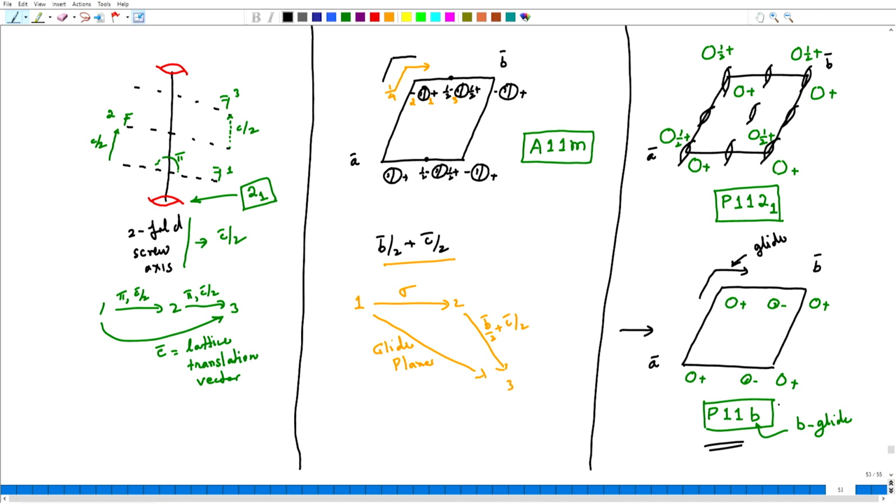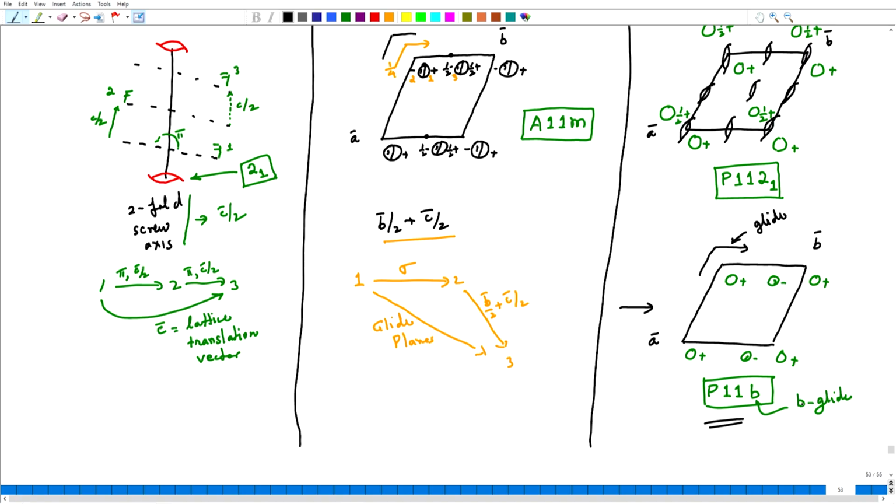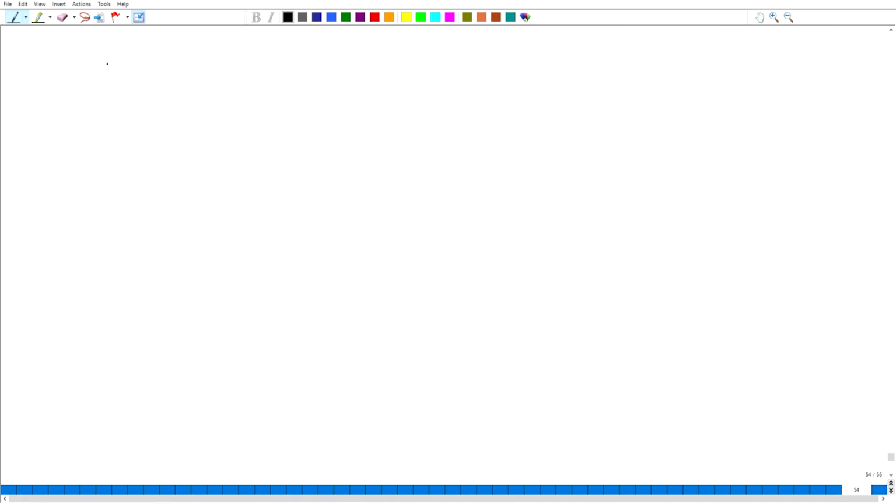Now, let me consider a different case. Let us assume that we have orthogonal axes A, B and C. This is A, B, and C is normal to the AB plane, and I have a B glide indicated by this symbol.